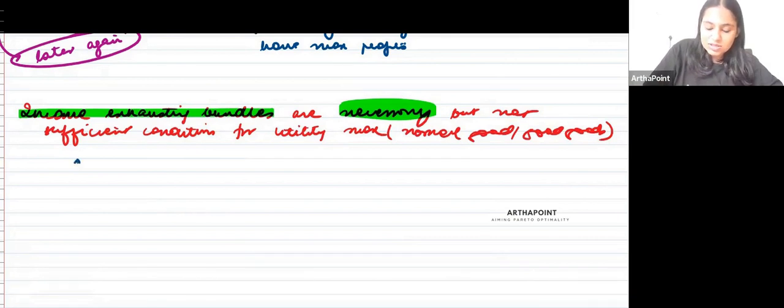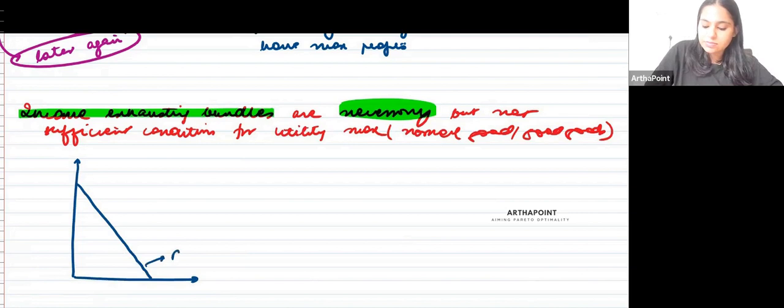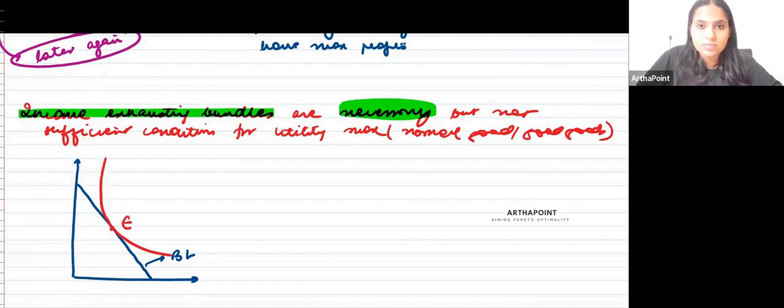So just consider this. If this is my budget line, where is my maximum bundle? Where is my utility maximum? Where I achieve this tangency. Tangency is achieved on the budget line. Can I ever have maximum utility below the budget line?